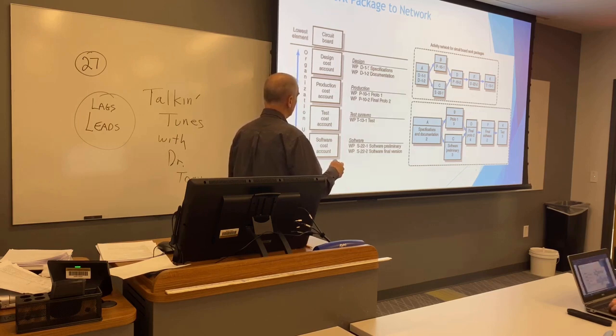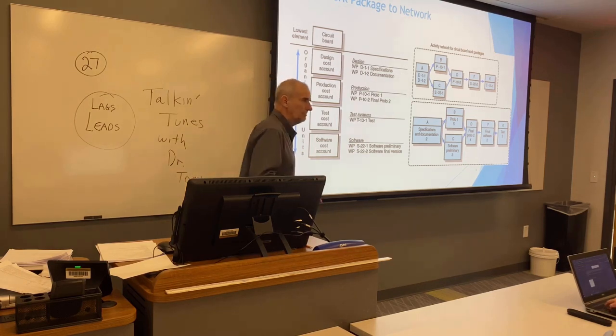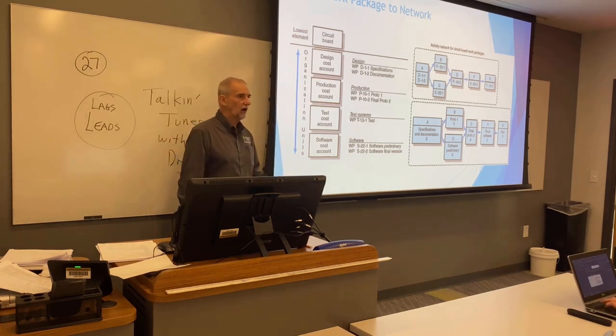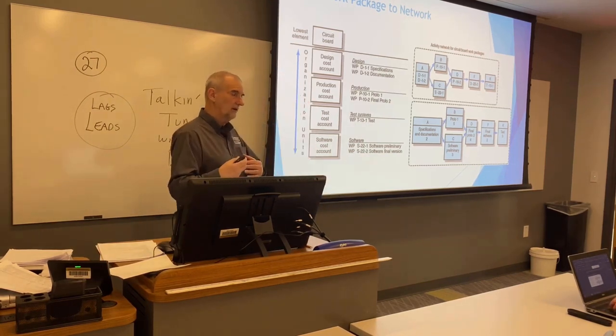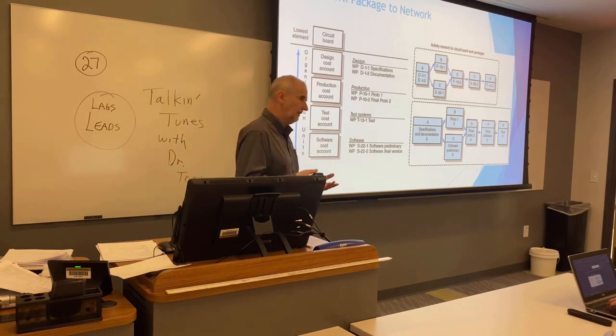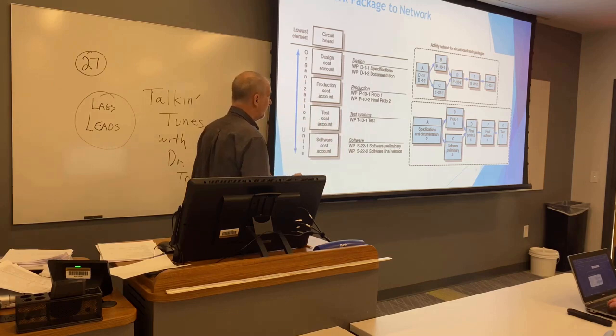We have 2 for design, 2 for production, 1 for test, and 2 for software. We've given them codes so that the people in accounting can know how to charge time and materials to those tasks in the financial statements. You with me on that? Hopefully that rings true. Then we have these 7 that are just listed, and we're going to put them in sequential order.